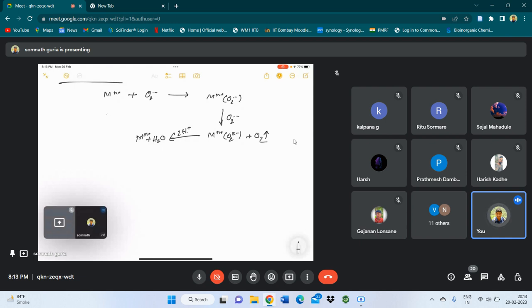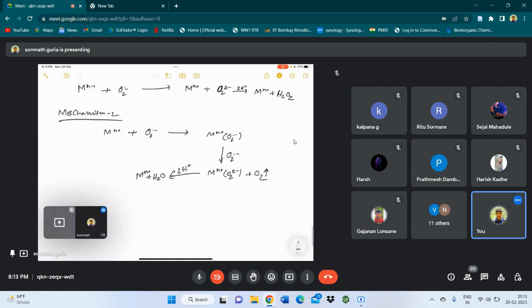Okay, and the copper zinc superoxide dismutase mainly followed mechanism 1, where the copper center is initially copper 2.